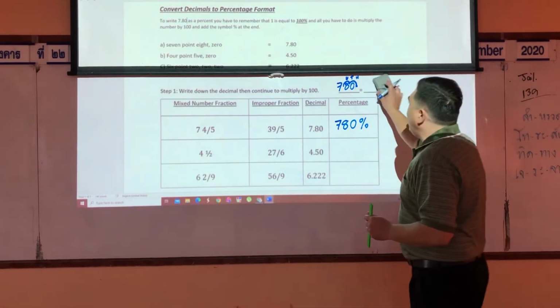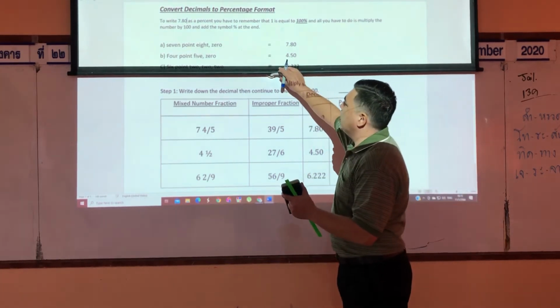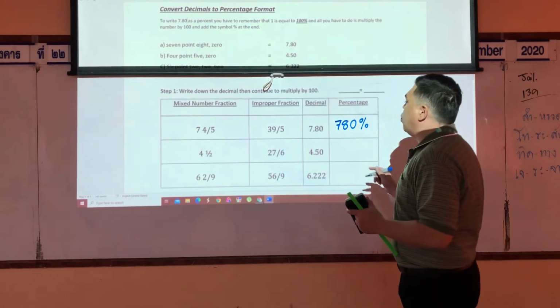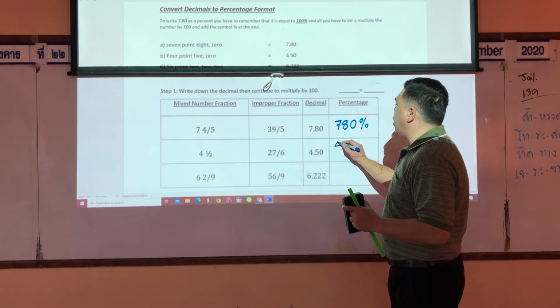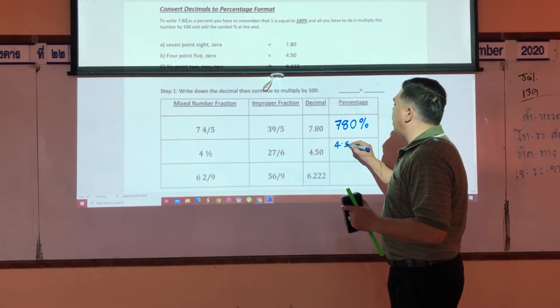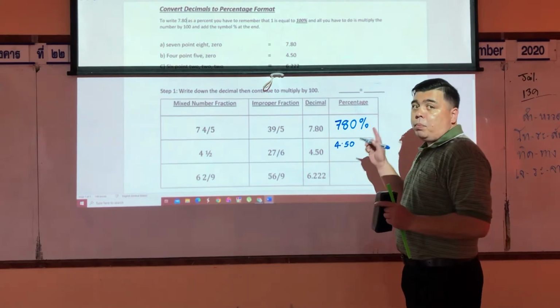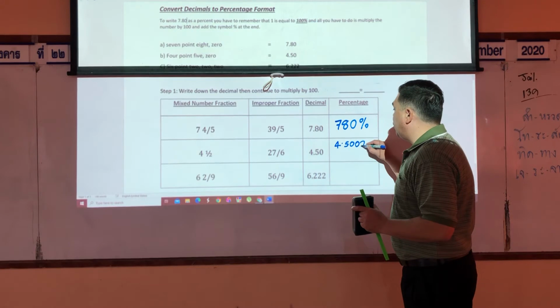Now let's look at 4.50. Write it down, 4.50. If we multiply by 100, we will have two zeros.